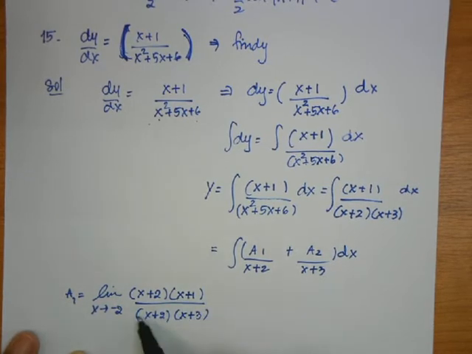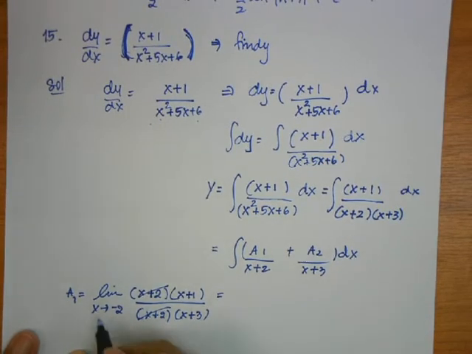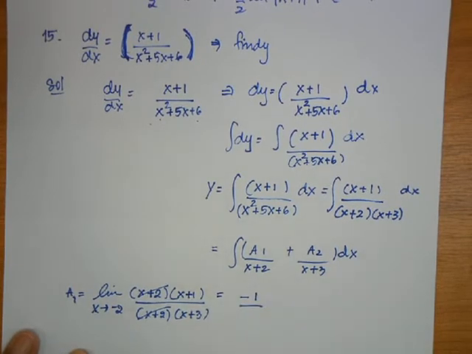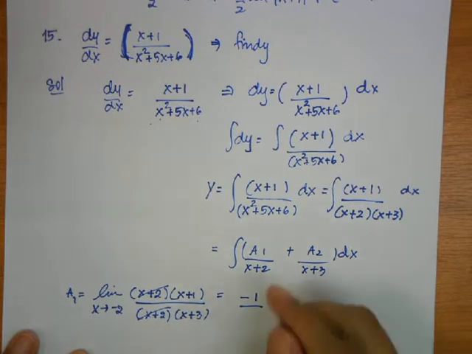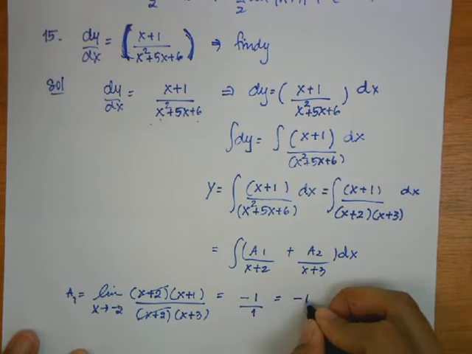This one and this one, you take out, right? Now you plug x equal to minus 2 in there. Minus 2 plus 1 equals minus 1. Minus 2 plus 3 equals 1. So A1 is equal to minus 1.